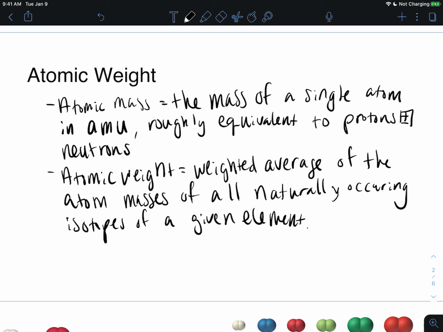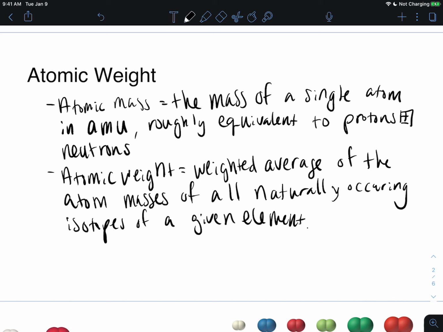And we've already looked at this in a previous video where we took our isotopic abundances in fractional form, so divided by 100% if you're in a percent, and then multiplied that by the atomic mass of each different isotope, and then add that together to get our atomic weight.